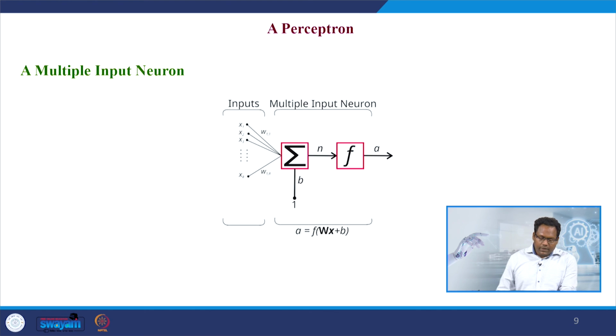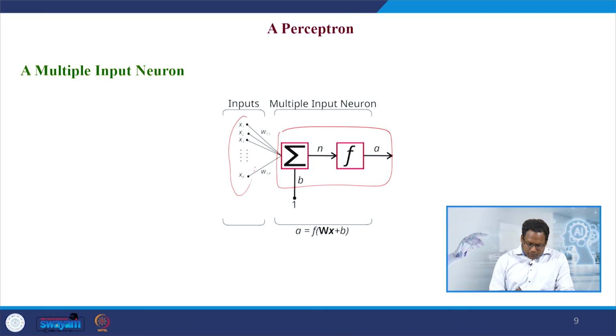Likewise, for the multi input neuron, we have the neuron structure with so many inputs connected to the summer through a weight vector. So, the input to this summer is basically the weight vector W multiplied by the input vector x, plus b, the bias.